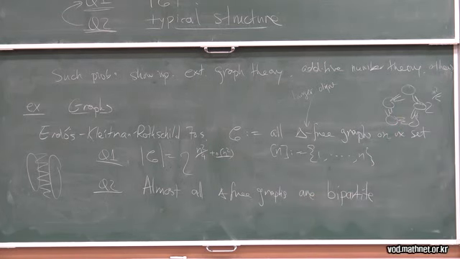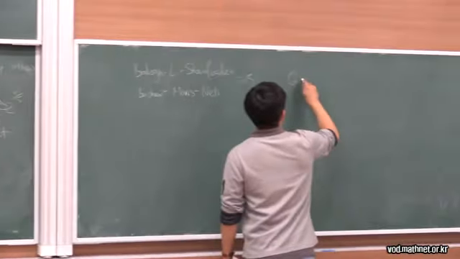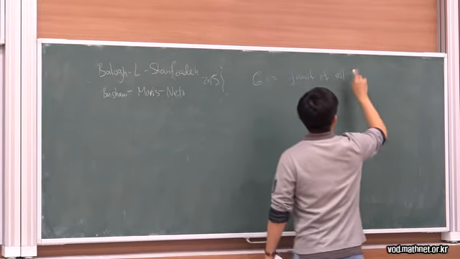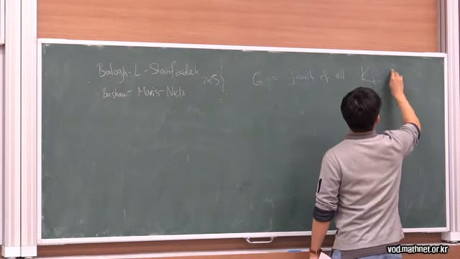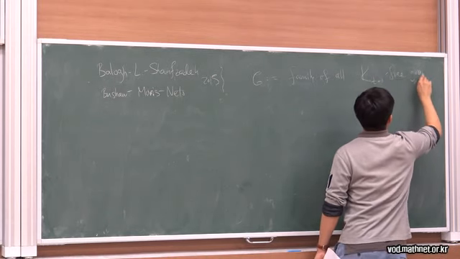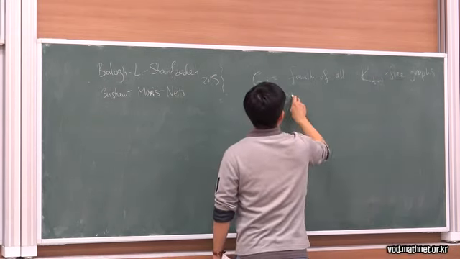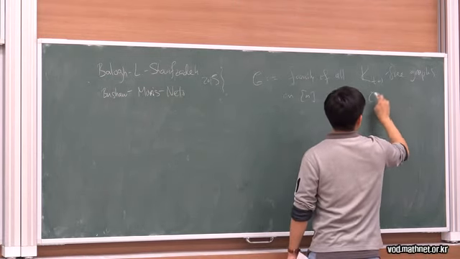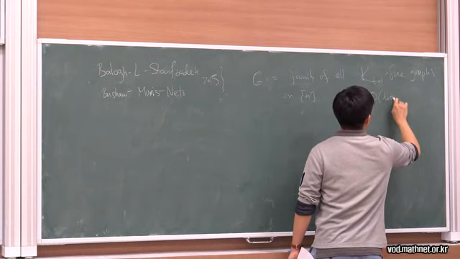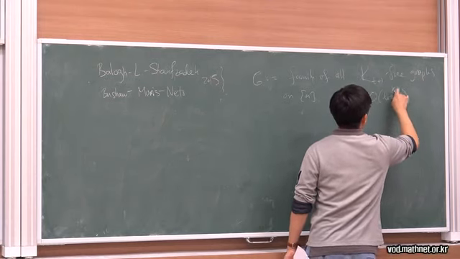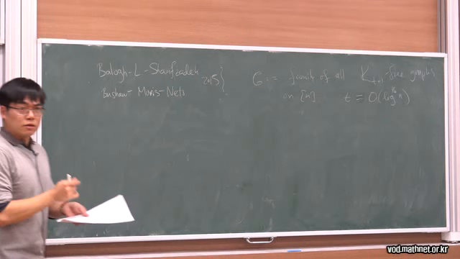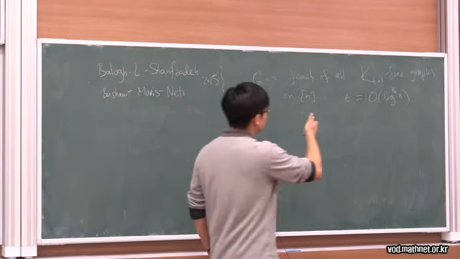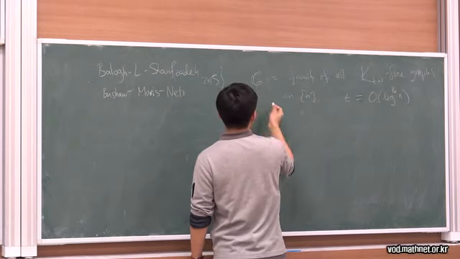So what we prove is, if you look at C to be the family of all K_{t+1}-free graphs on n vertices, where t is allowed to go up to log n to some power. Okay, t is allowed to grow with n, and we show that we basically solved both problems.